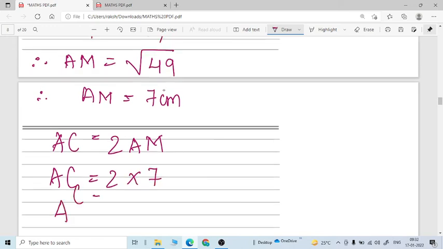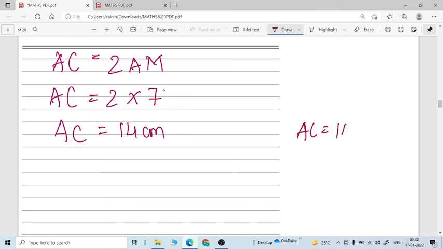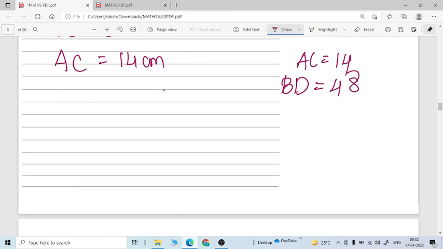AC is 14 centimeter. We got AC as 14 and BD is 48. Okay, now let's calculate the area of rhombus.